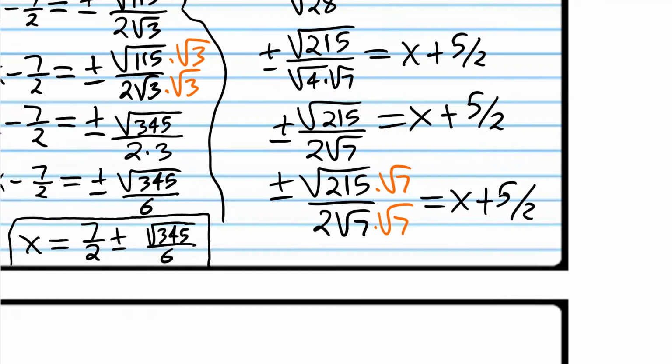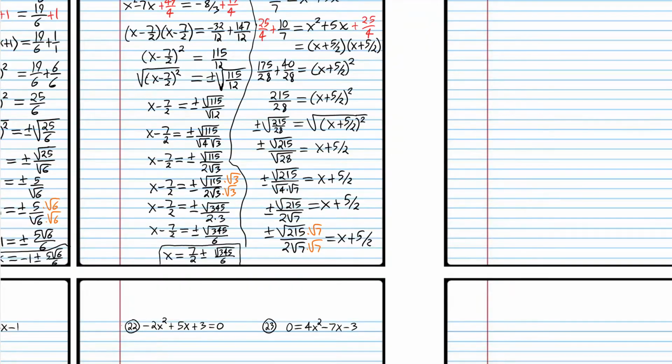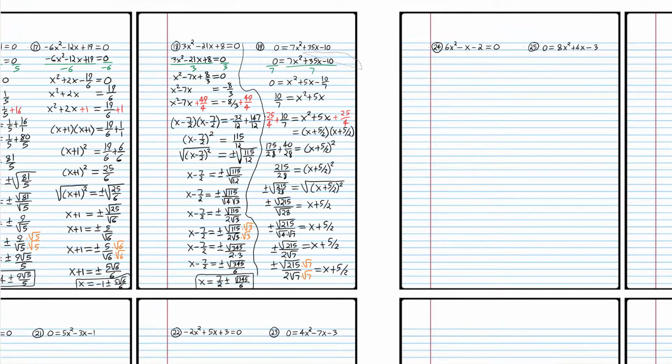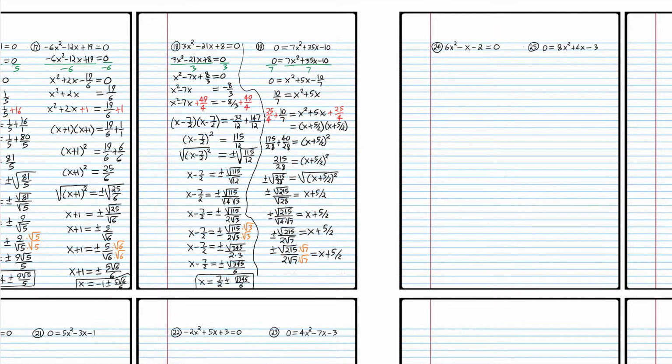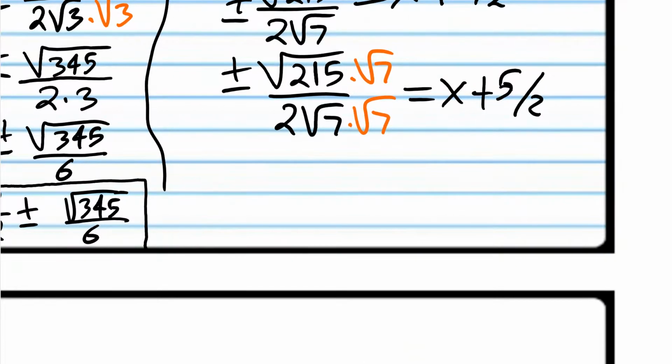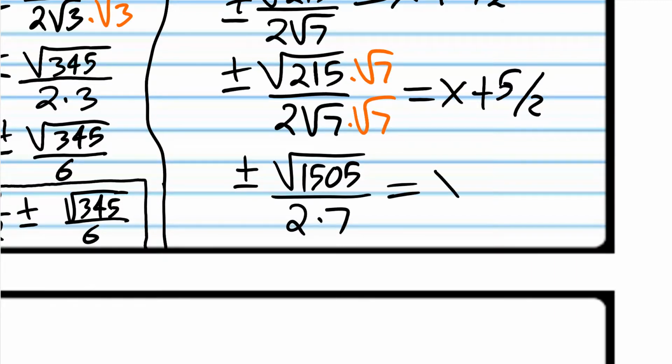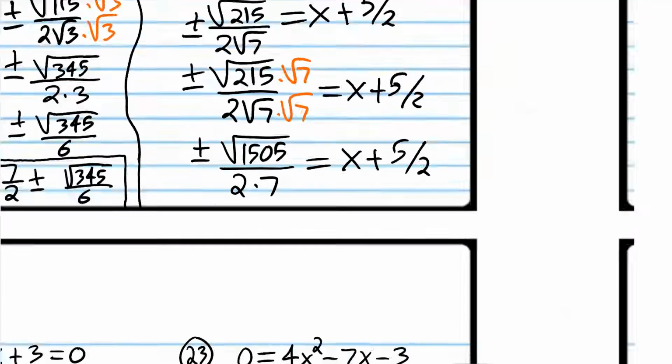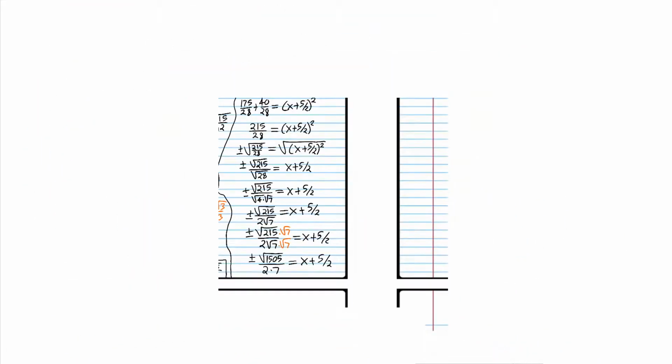I'm going to have to shrink this. So now we get, you can use your calculator for that, 215 times 7 is 1,505 over 2 times 7, because root 7 times root 7 is just 7.